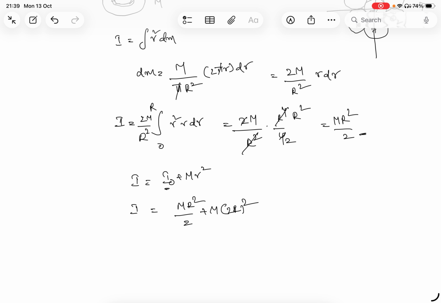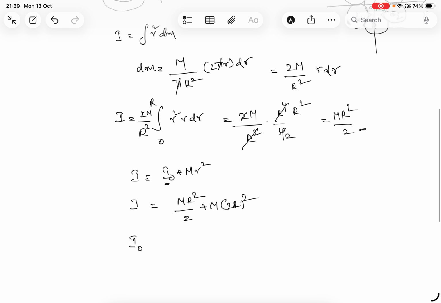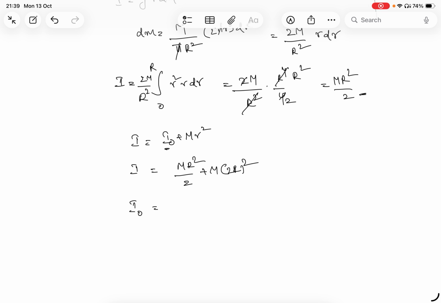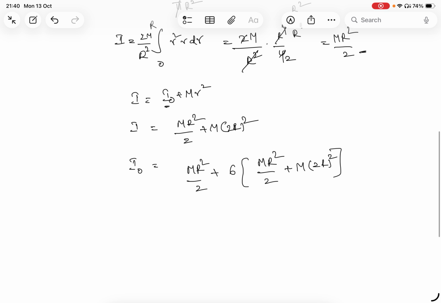So totally I naught, which is about this center, the moment of inertia of all the circles is, for the center one it is m r square by 2, and for the other 6 circles which are surrounding it, because of symmetry, this will be m r square by 2 plus m into 2r whole square. Let's simplify this.